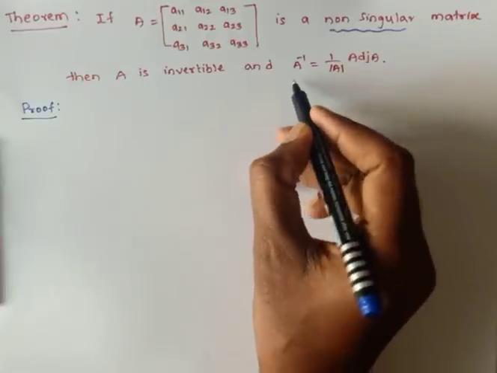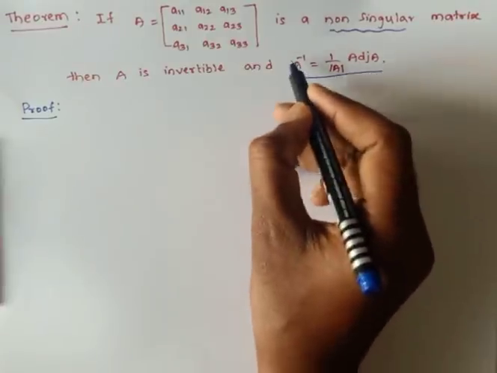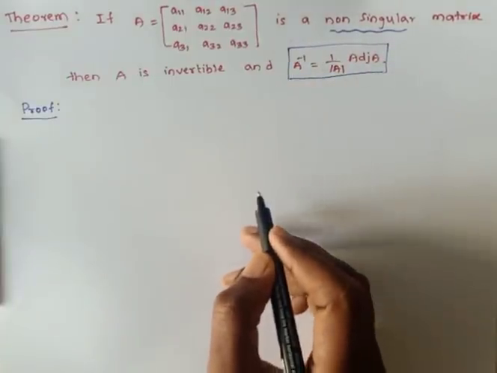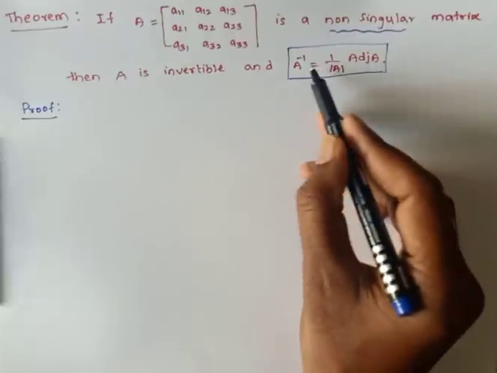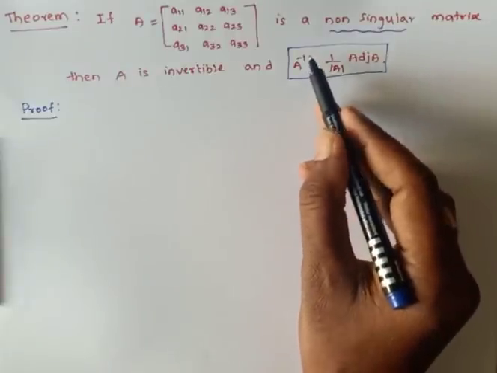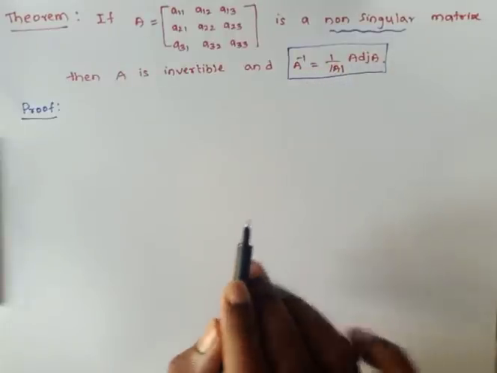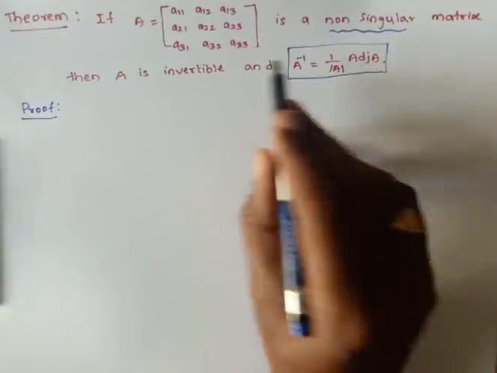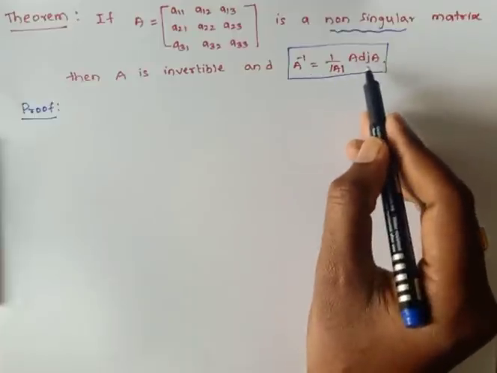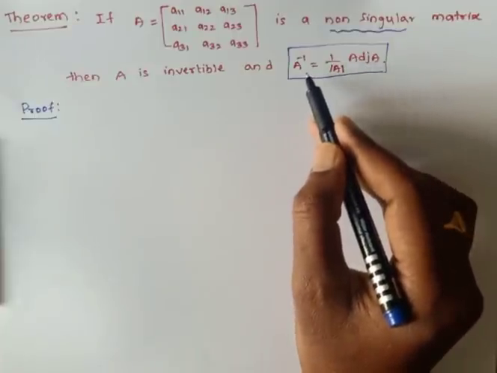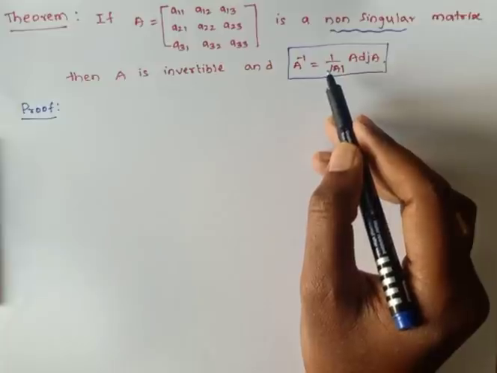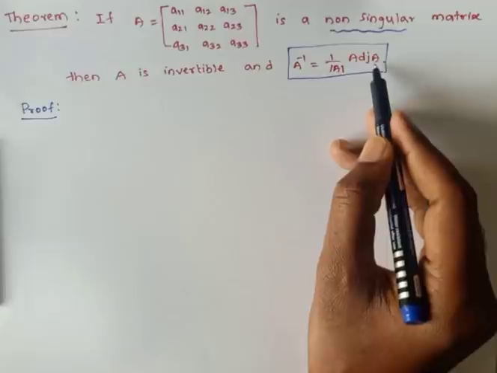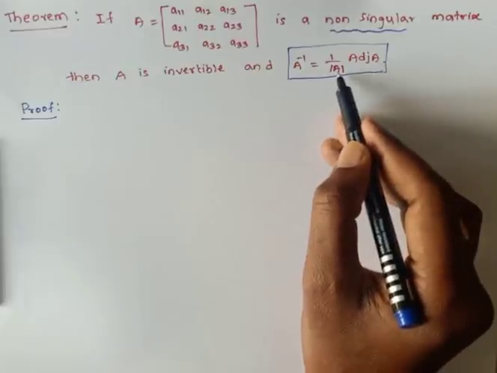And further, you need to show that A inverse is equal to 1 by det A into adjoint of A. We can use this formula to find the inverse of any given square matrix, since you know how to evaluate the adjoint of a given matrix and det A.